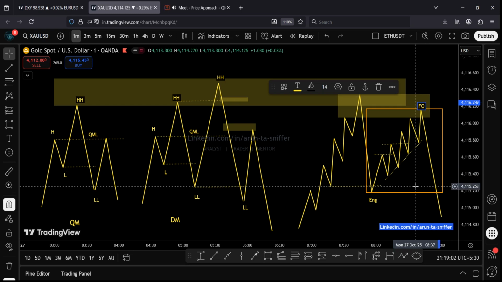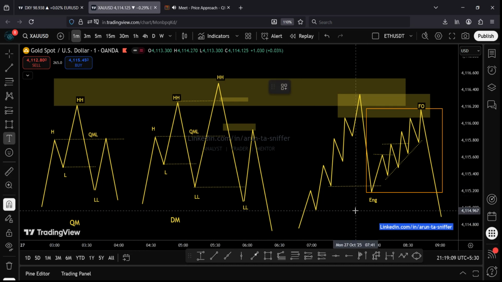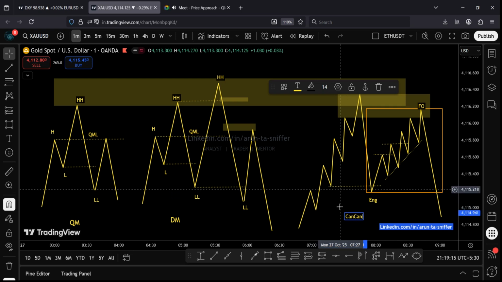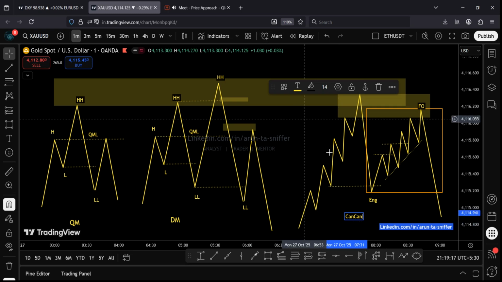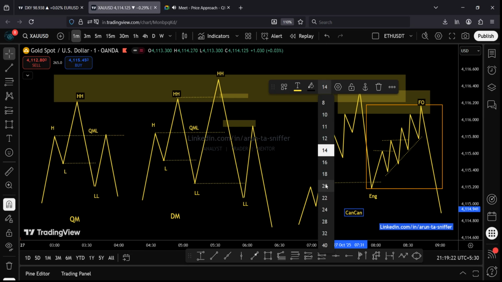This is the fakeout, and faking out which levels? These levels. So this is called Cancan. Let's do 20. That's good.